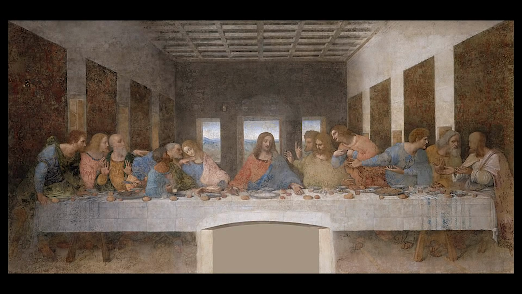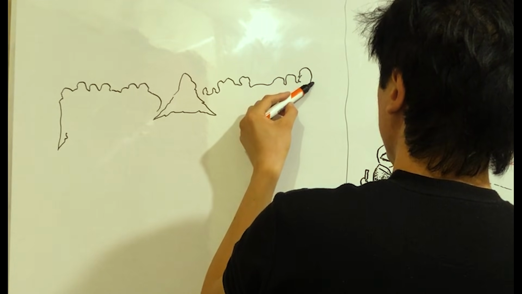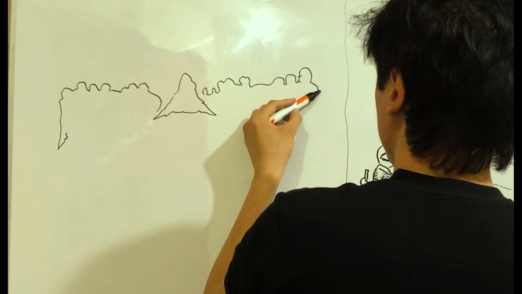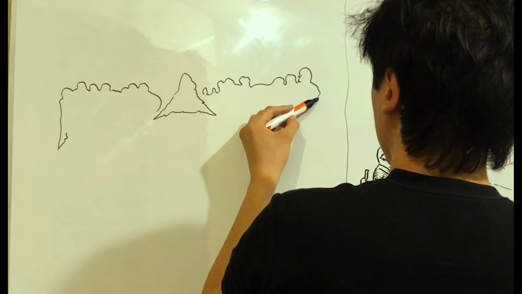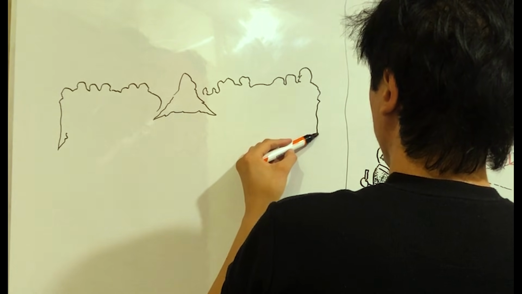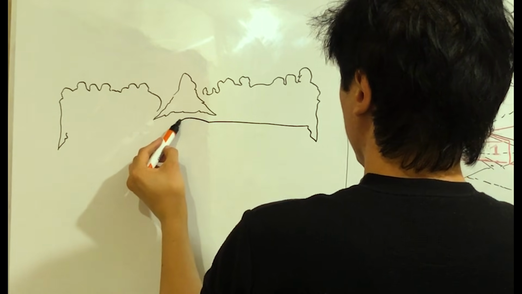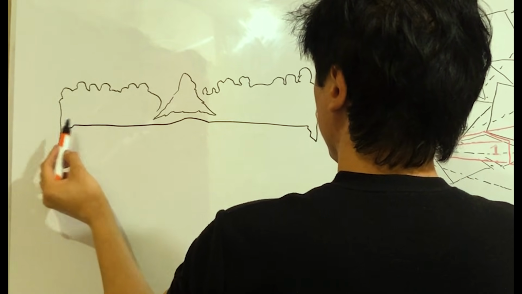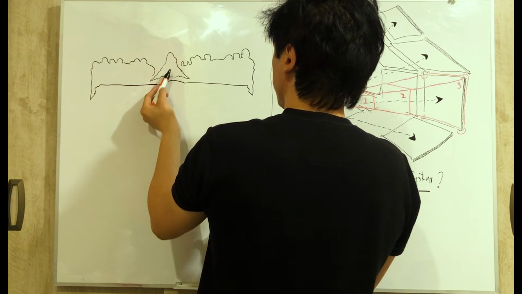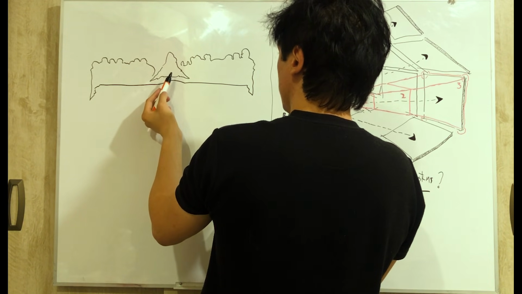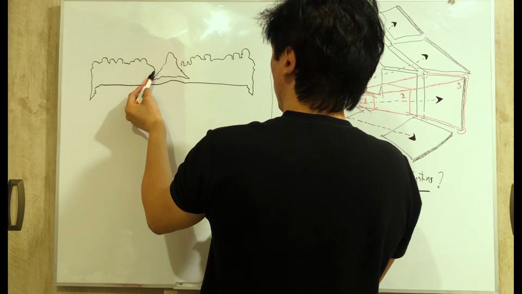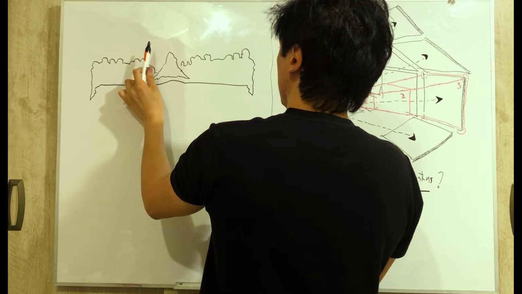But the real power of all the composition is because he was trying to explain Jesus as a center of the composition, as a central focus of all the composition.